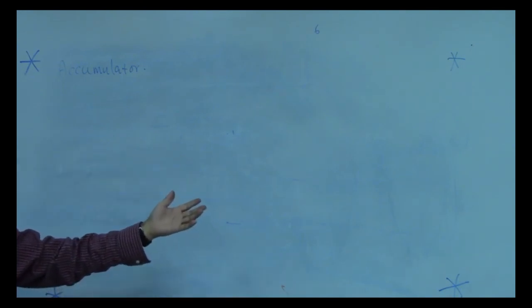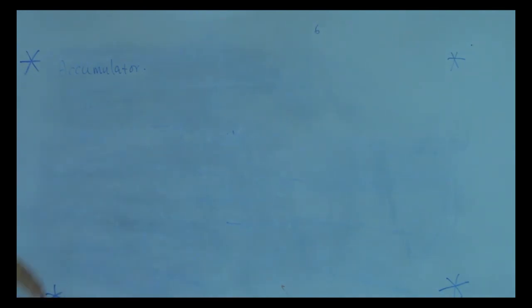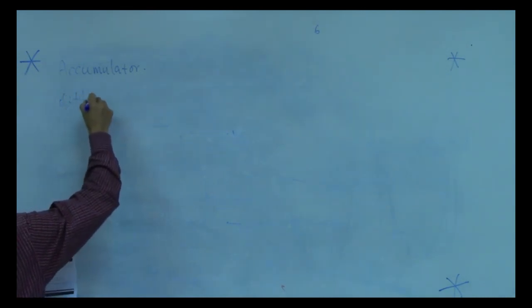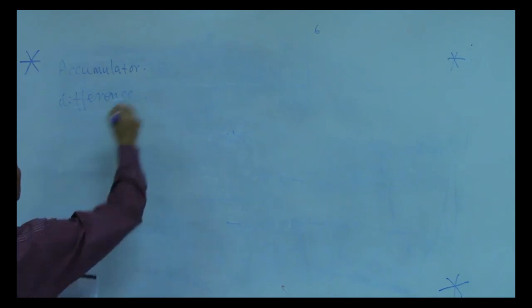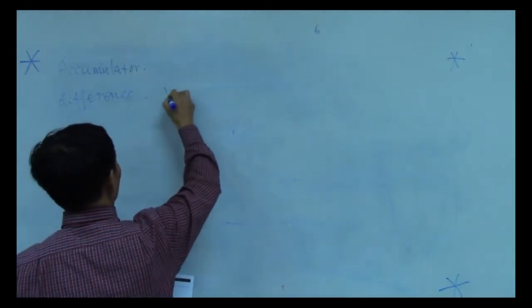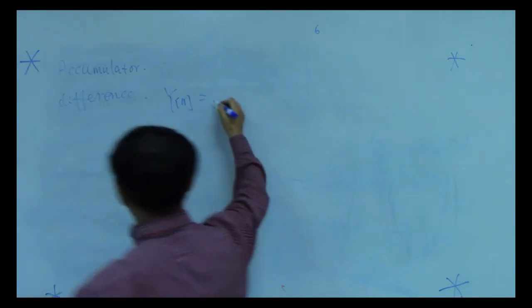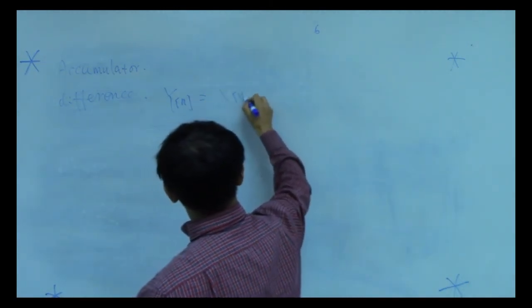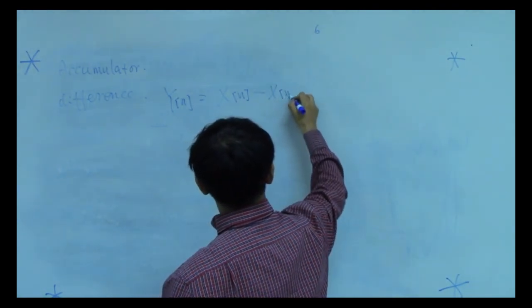differentiator. What is the differentiator corresponding to this one? It's called the difference. This is the accumulator, difference, corresponding to continuous time integrator, differentiator. So for difference, we have three definitions. The first one is x[n] minus x[n minus 1].